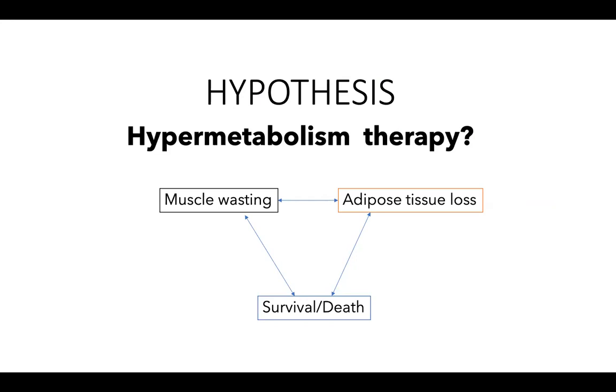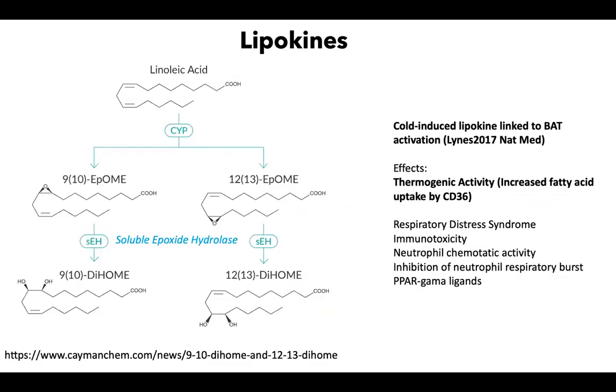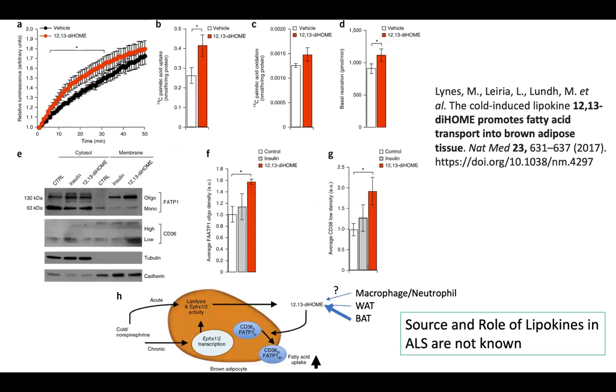It is known to be produced by brown adipocytes. For example, if you put them in the cold, the brown adipocyte produces this type of lipokine that gets into the circulation. Whether it has a pleiotropic effect that goes into the central nervous system, we don't know.